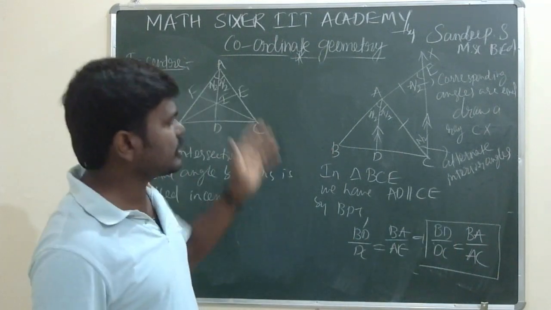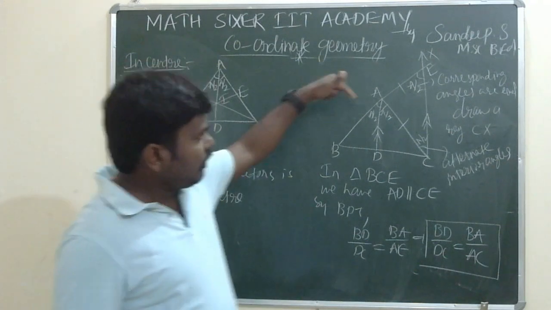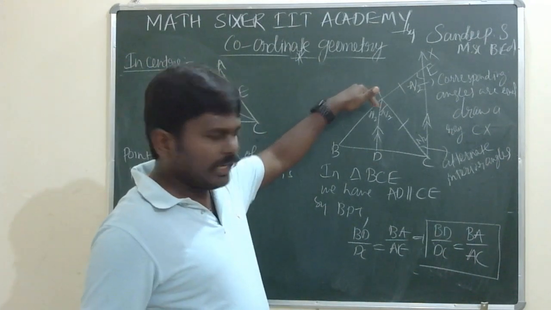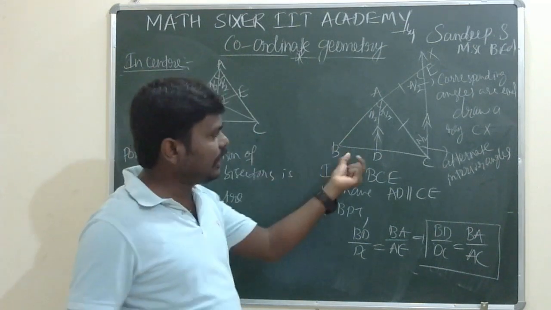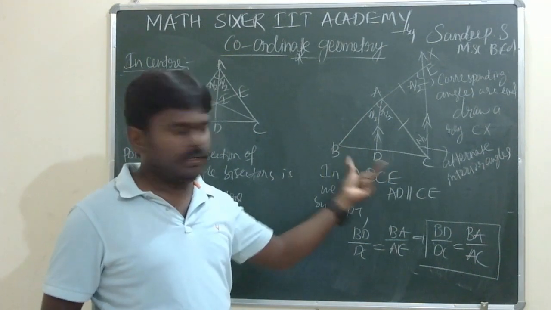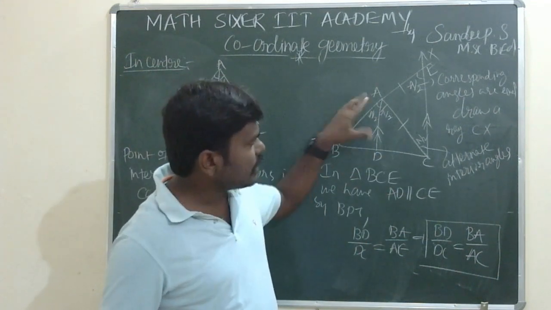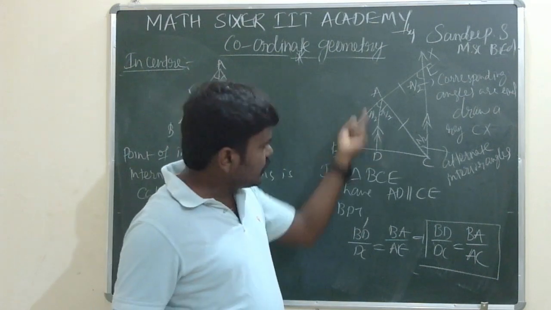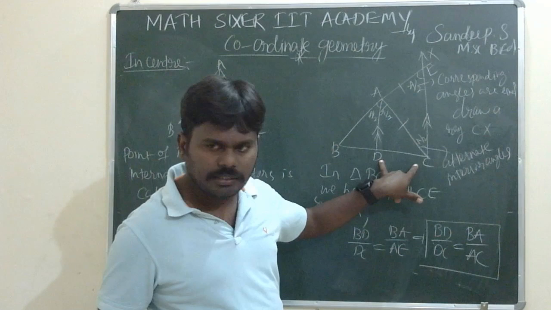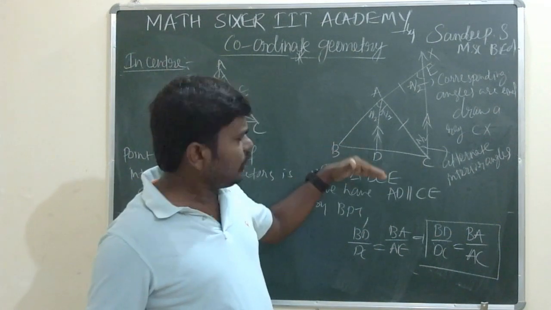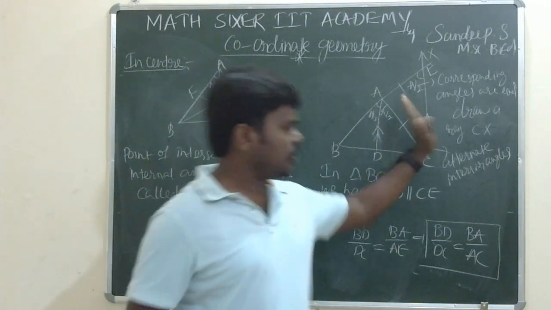So what is the statement of this internal angle bisector theorem? When you bisect the internal angle, that internal angle bisector divides the opposite side into two line segments. AD is the internal angle bisector, dividing the opposite side into two segments, BD and DC. These are proportional to the remaining two sides, AB and AC.